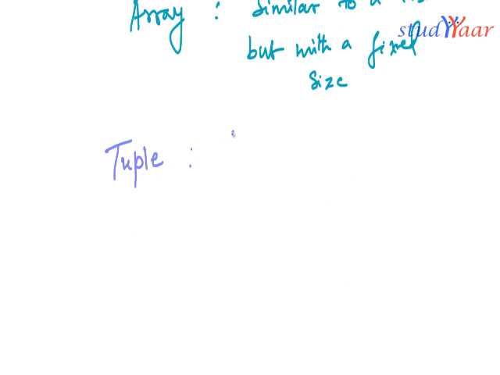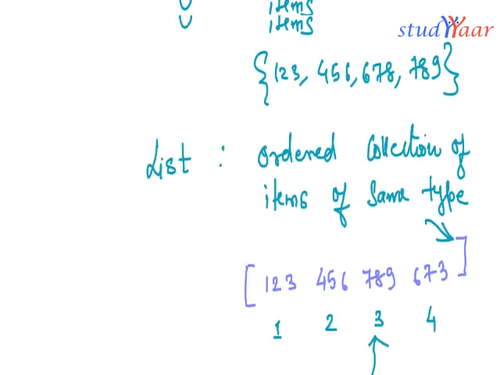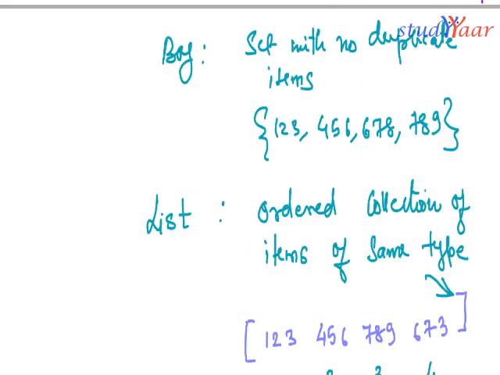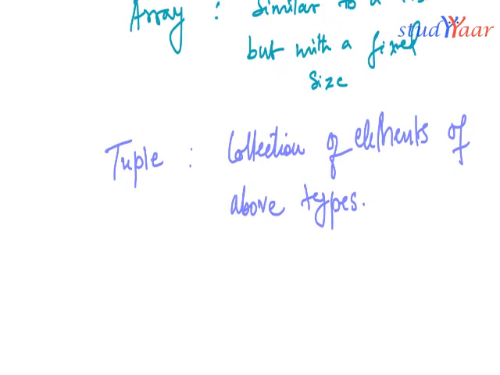A tuple is a collection of elements of the above types. So a tuple can have an array, list, bag, set, or atom in any particular order.